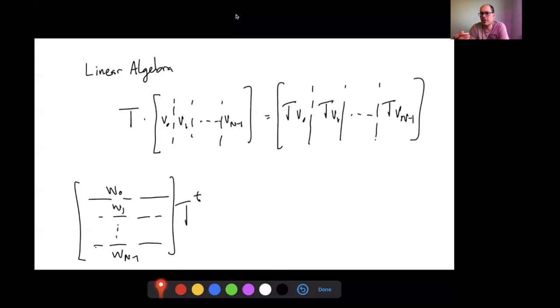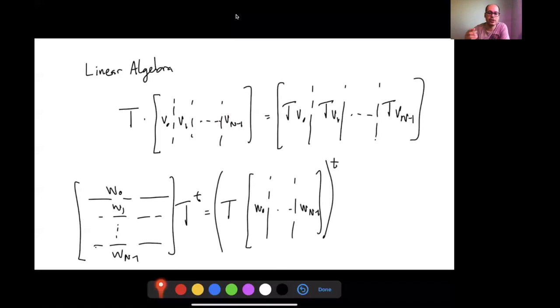Not a surprise because transpose reverses the order of multiplication, so it should go on the other side, and it also switches rows and columns. It's easy to see that this holds by taking the transpose out. I can pull out a transpose that turns all these rows into columns, and this is just another way to rewrite it.